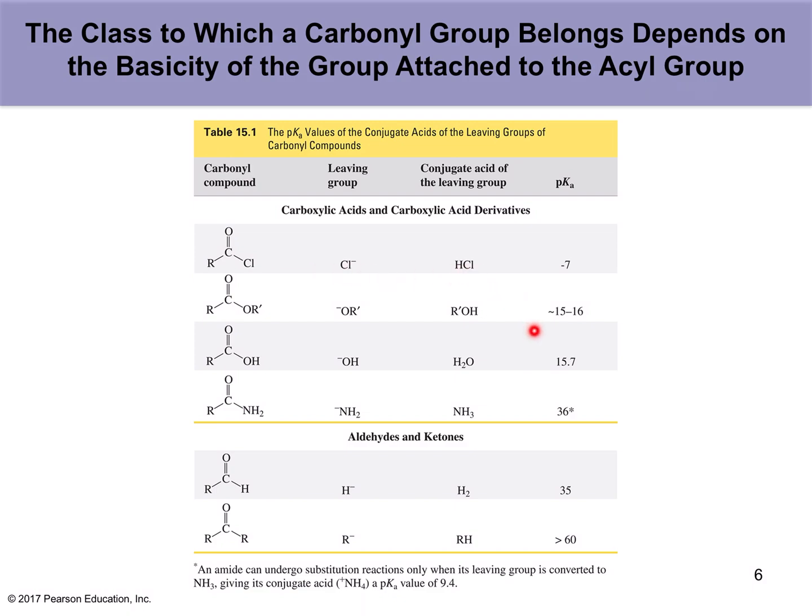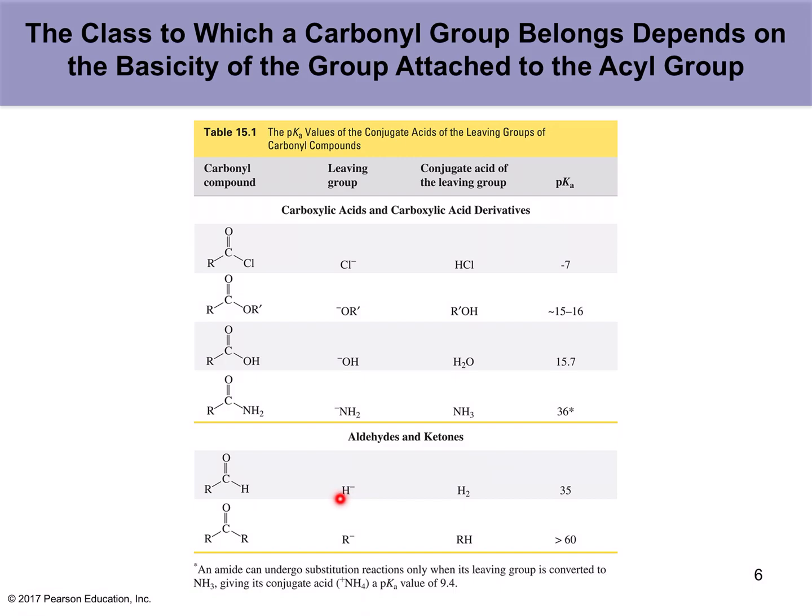And what about the aldehydes and the ketones? The hydrogen of an aldehyde and the alkyl group of a ketone are too basic to be replaced by another group. You see how basic they are? This is about 35 pKa, this is about 60. So they are very strong bases, and if you recall the sodium borohydride reduction of aldehydes and ketones, we created hydride, a strong base.